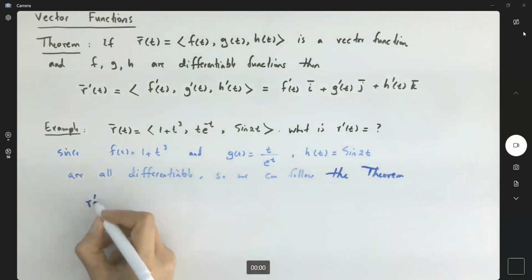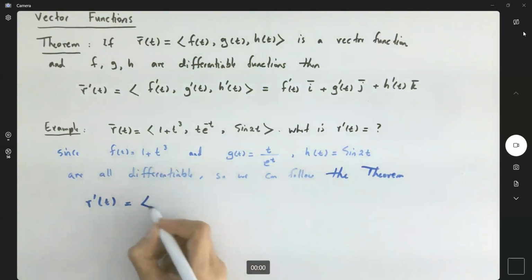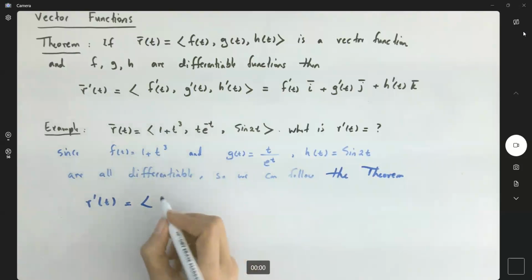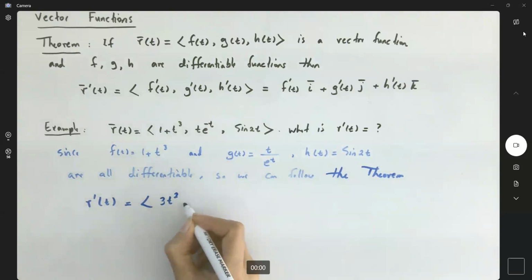And r prime of t is nothing but the derivative of 1 plus t cubed. The derivative of 1 is 0, and you have 3t squared.